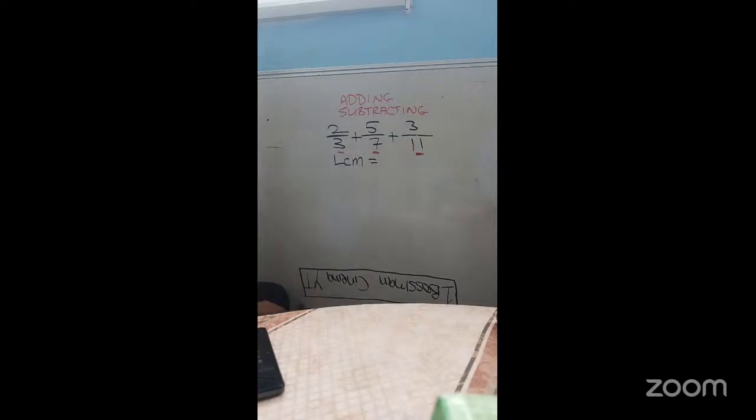So, 3, 7, 11. I need all of 3, all of 7, all of 11.